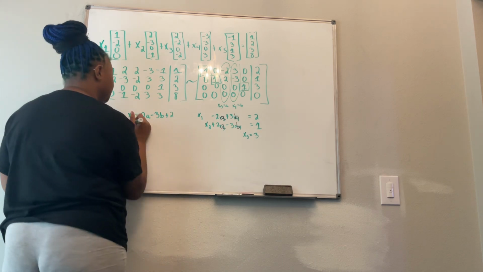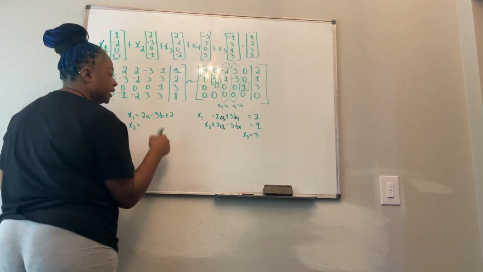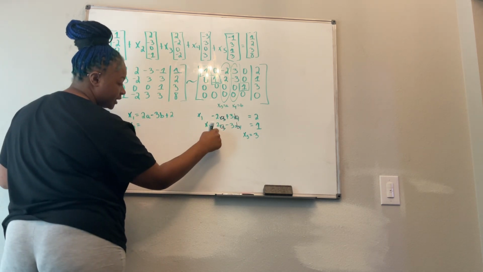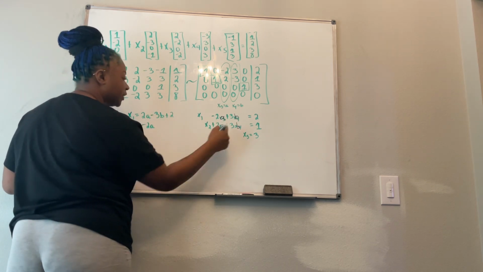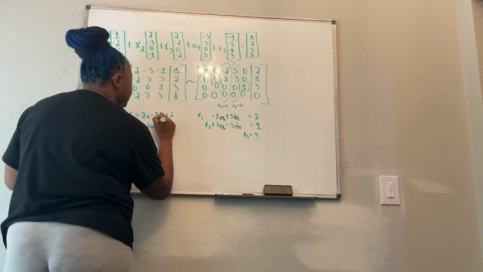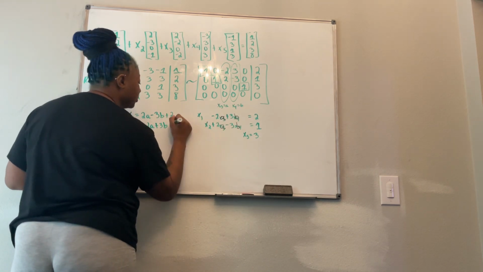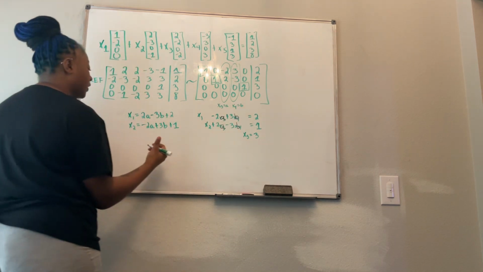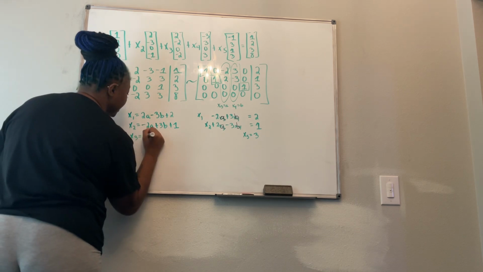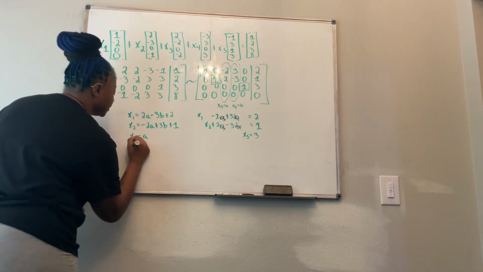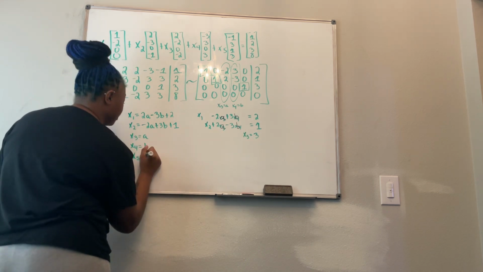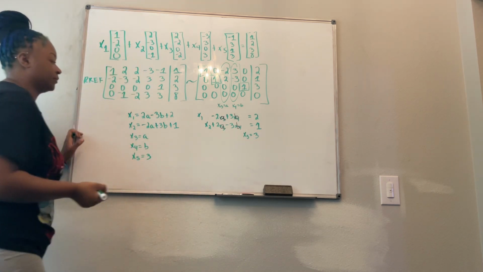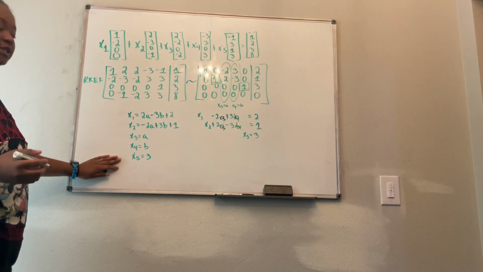All right, x2 equals, this +2a is going to turn to a negative, so I have -2a. -3b is going to become a +3b, and then +1. Okay, and x3 we said was A, x4 we said was B, and x5 is already solved for us, it's 3. Okay, so here are our solutions.